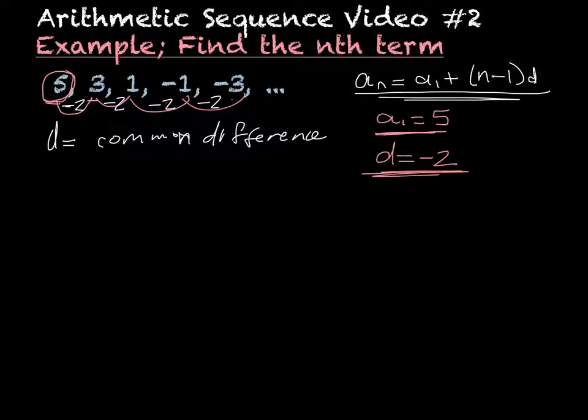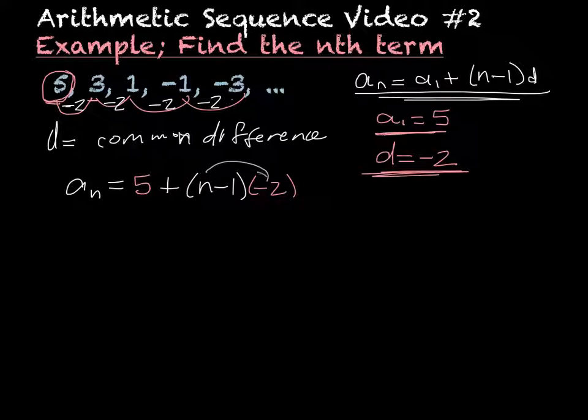Now I have a1 and I have d, so I can put it into my formula. a sub n equals my a1 term, which is 5, plus n minus 1 times my d, which is -2. Okay, you can write that -2 before the n minus 1. That's fine too. Okay, so now I just solve.